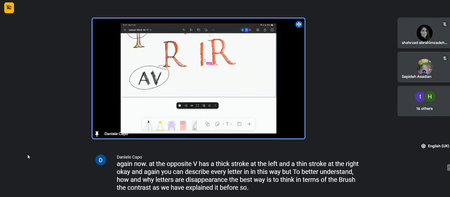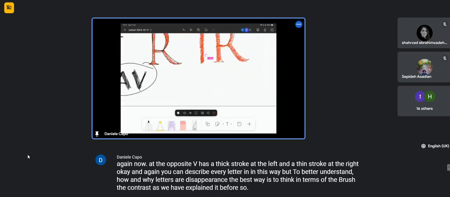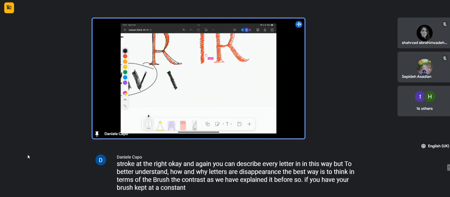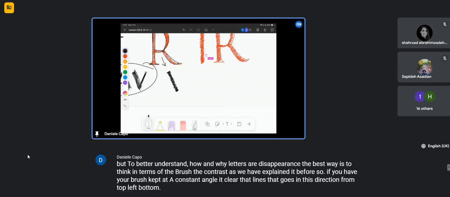So, if you have your brush kept at a constant angle, it's clear that lines that go in this direction from top left to bottom right are quite thick, okay?